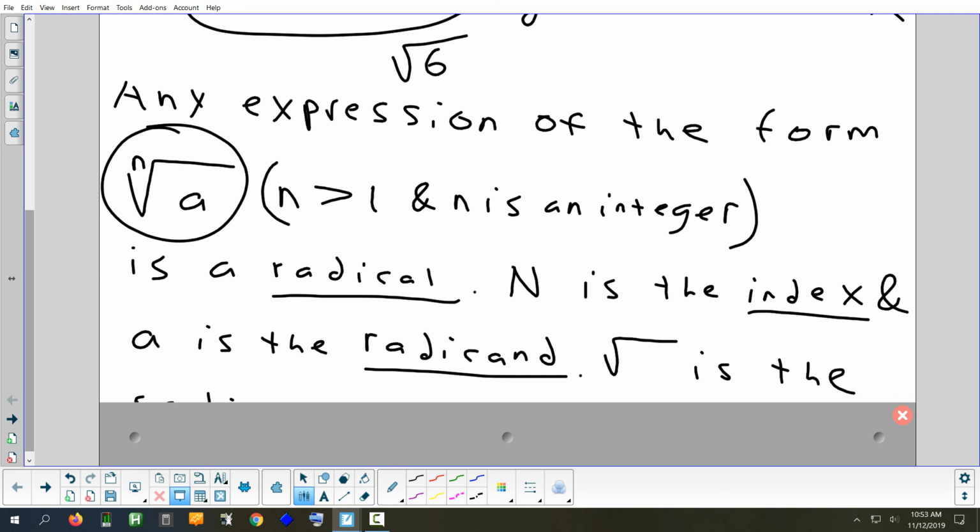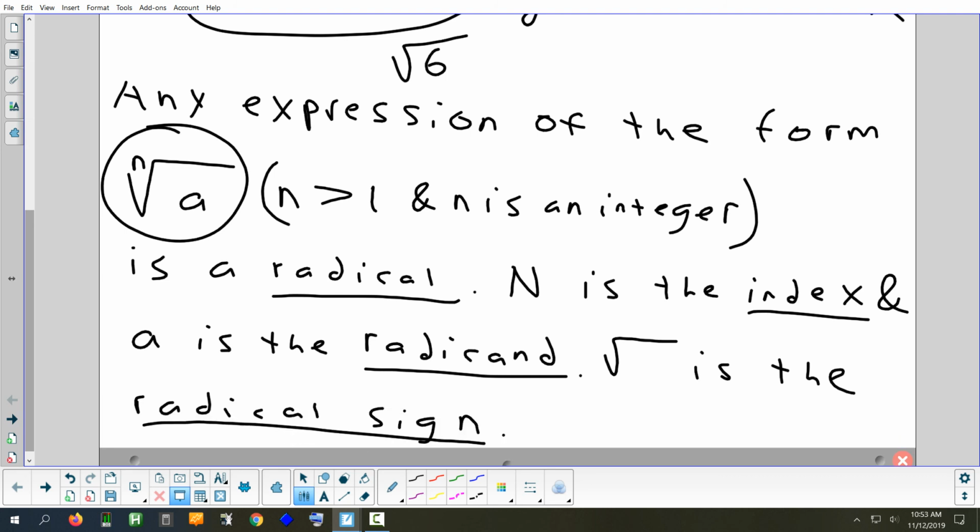And then the actual symbol itself, like the part that has like the check mark and the horizontal line on top, that is called the radical sign. Okay, so any questions on the terms radical expression, index, radicand, or radical sign? Just a few terms that we might throw around a little bit as we go through it.